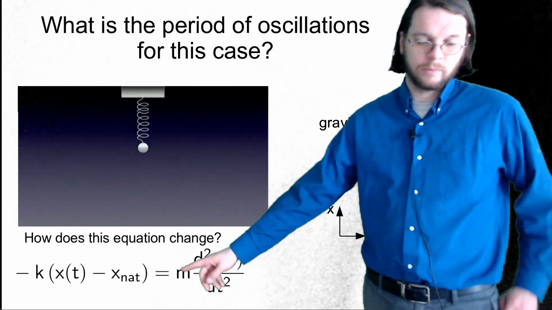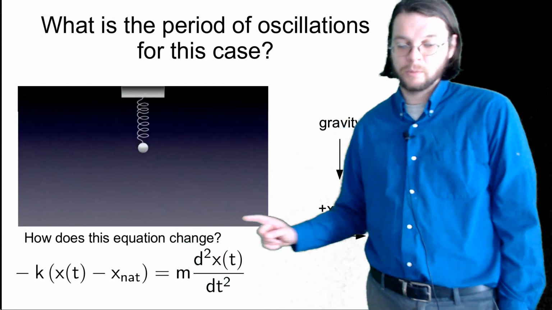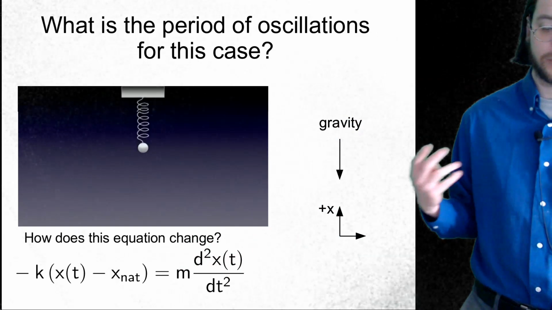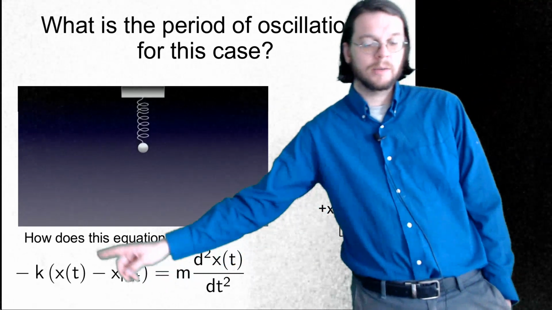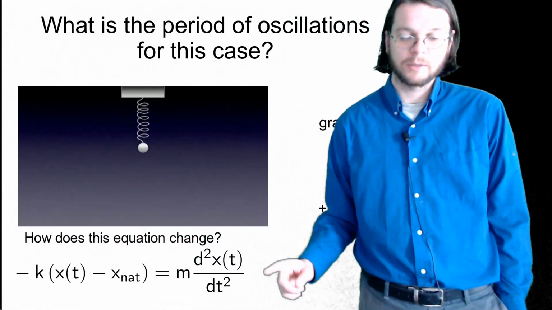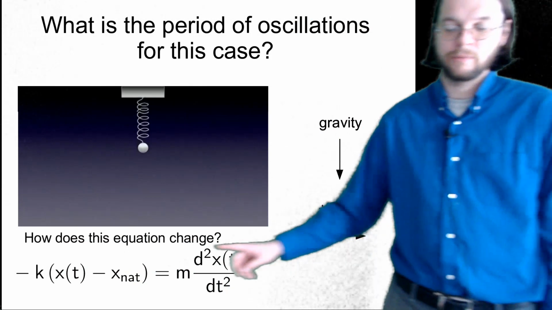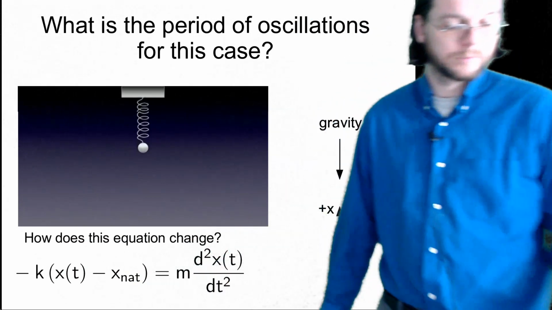And so as a result of that, we can keep this. We do have to add one thing to it, right? Because we have to add gravity. So if you remember where this side came from, this was the restoring force of the spring. This was the mass times the acceleration. Well, the mass times the acceleration, that part's the same. But we have a gravitational force that we have to add over here.